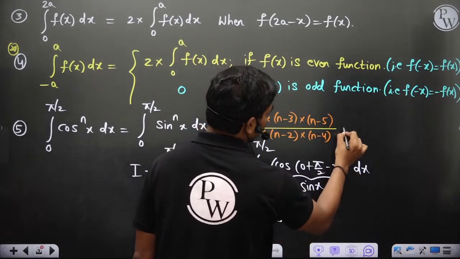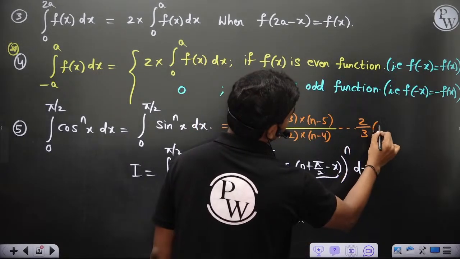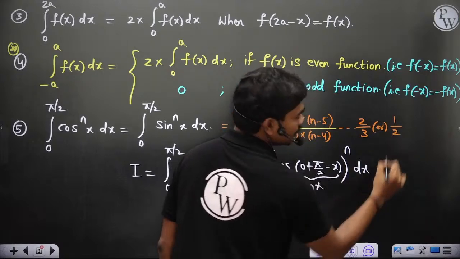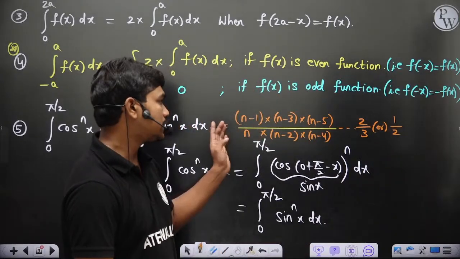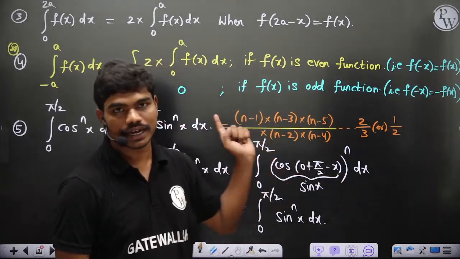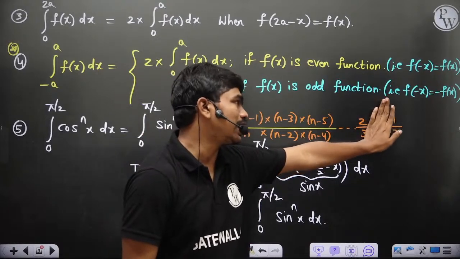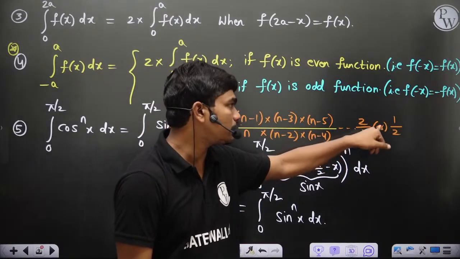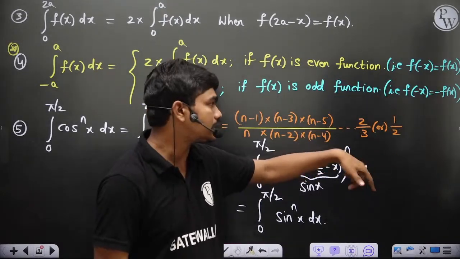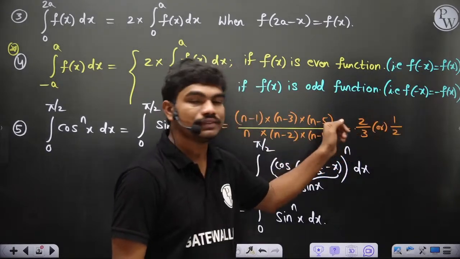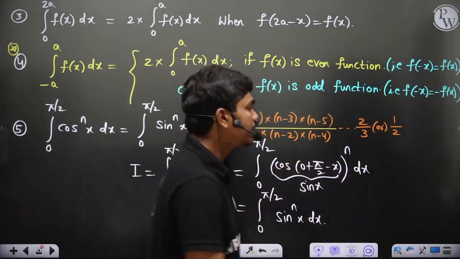This sequence will go on until you get 2 by 3 or 1 by 2, depending on whether n is odd or even respectively. If n is odd, it ends with 2 by 3 ultimately, because the next term would become 1 and 0 on the top, which is not right. Or if n is even it ends with 1 by 2 into k.